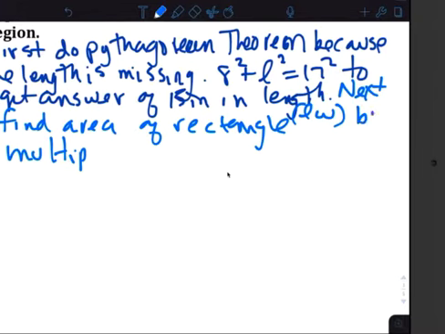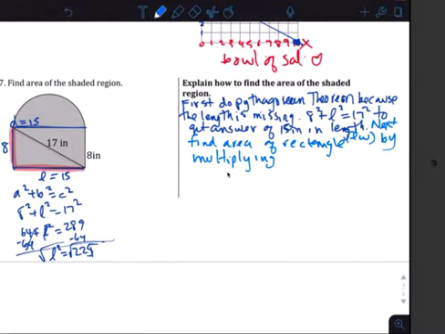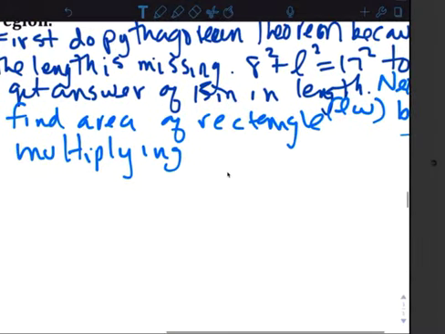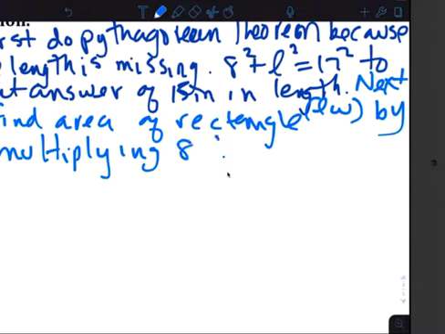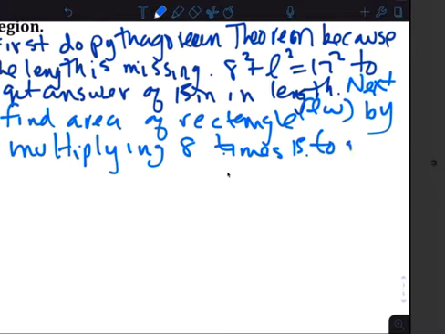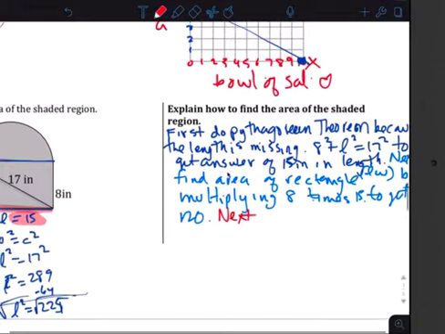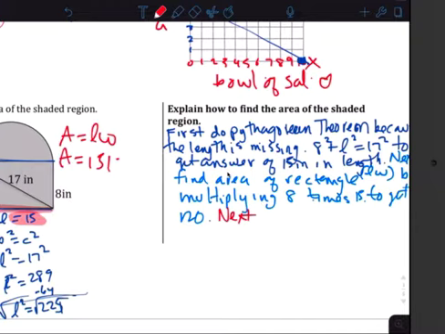Length times width, by multiplying 8 times 15 to get 120. Next, find the area of the half circle. Okay, you explain this until you get the answer. So the area of the rectangle is length times width. Area is 15 times 8.